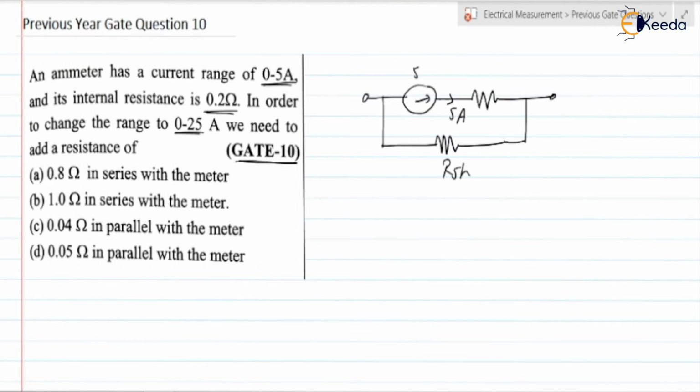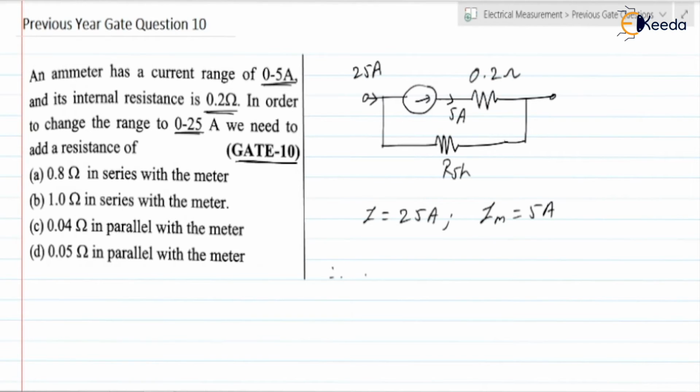So here basic meter we are having resistance of 0.2 ohm. Okay, and this current required is 25 ampere. Total current is 25 ampere. Okay, so we can write I is equal to 25 ampere, Im is equal to 5 ampere.